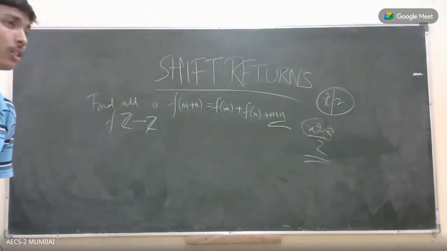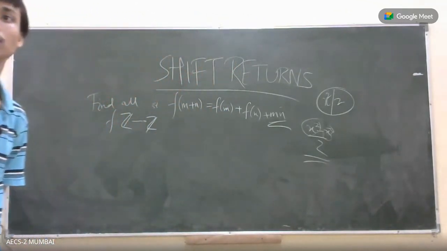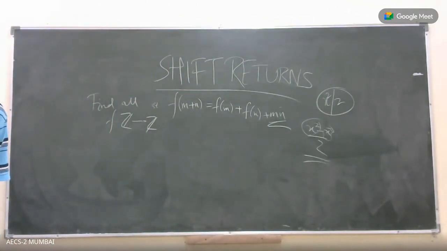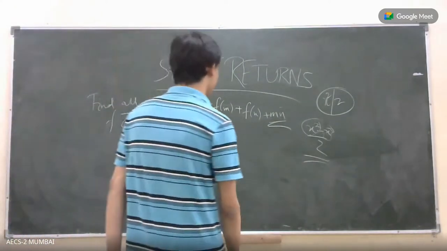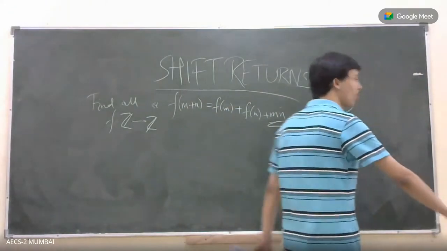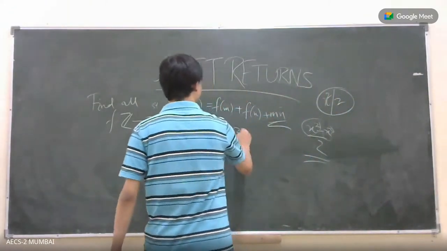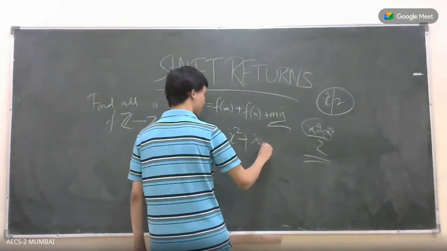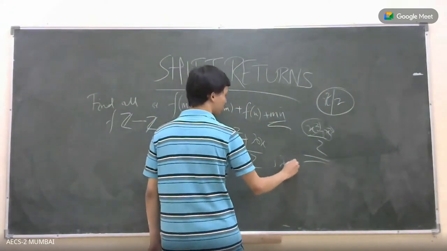Is it a solution? Now I want all of you to check that (x square plus lambda x) by 2 is a solution for any lambda.